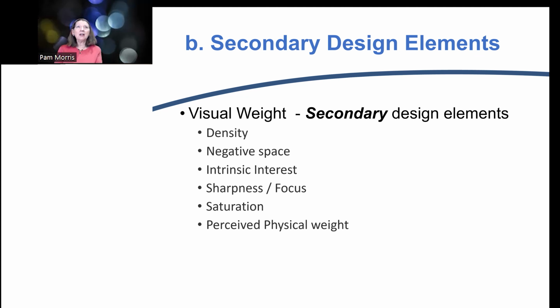Negative space will impact the visual weight of the subject. If the subject is a small part of a lot of negative space, then it makes the subject heavier, per se. Something has more visual weight if we have a personal connection or a human connection to it. So the cow had quite a visual weight because of our intrinsic interest in animals.